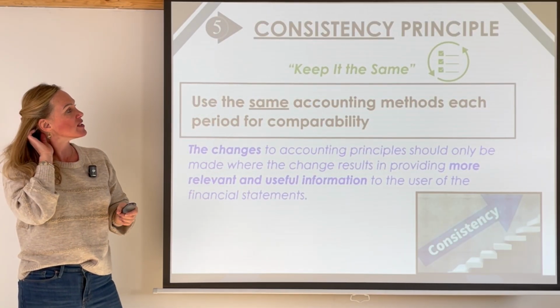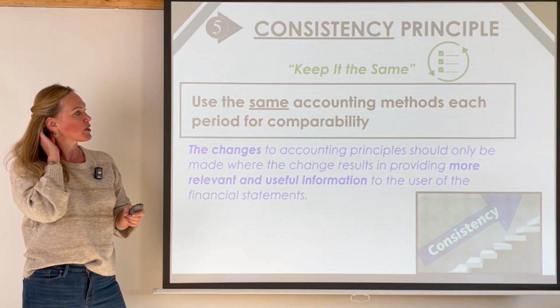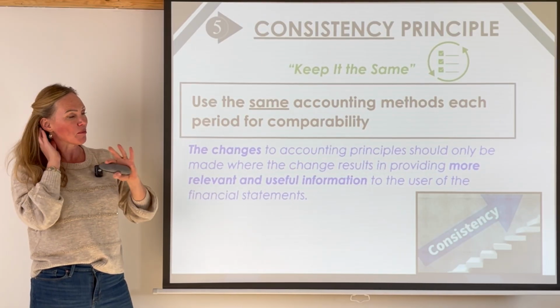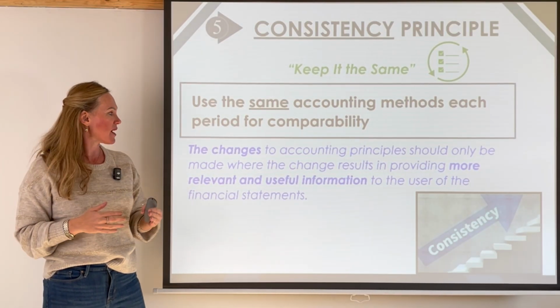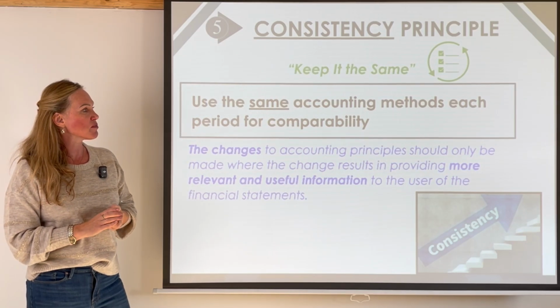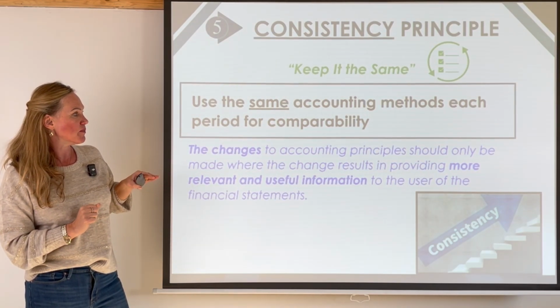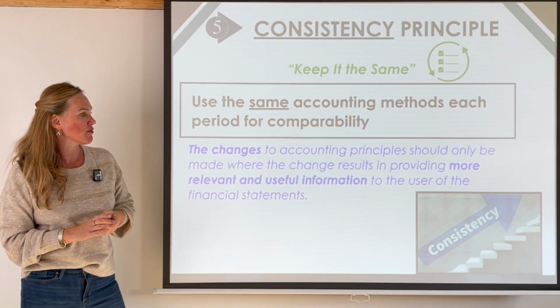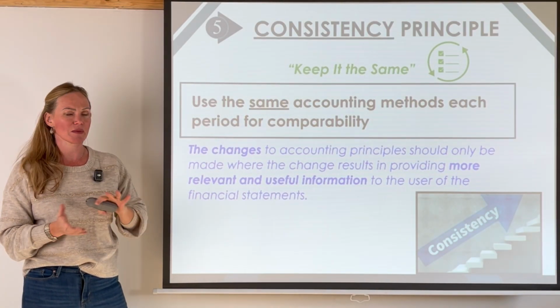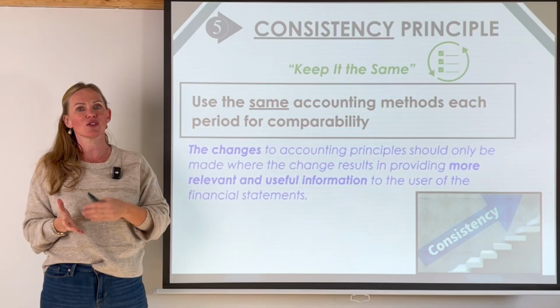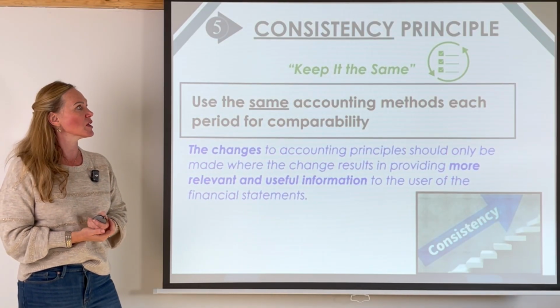So use the same accounting method each period for comparability. Changes to the accounting principles should only be made where the change results in providing more relevant and useful information to the users of the financial statements, which makes sense, right? So you have to make sure that you are consistent every single year.